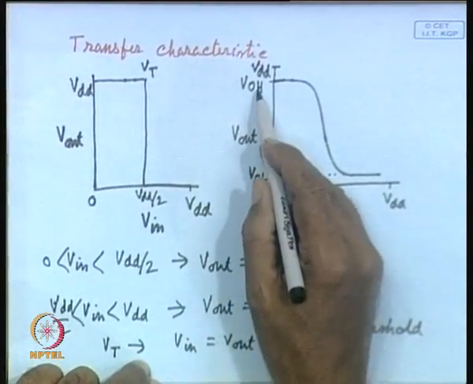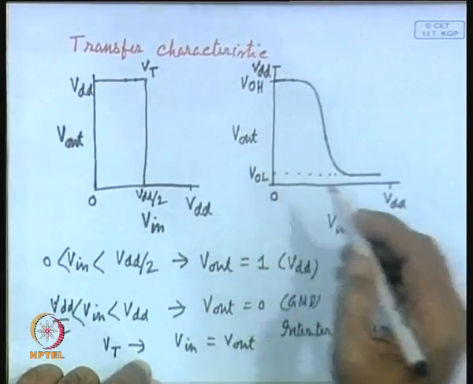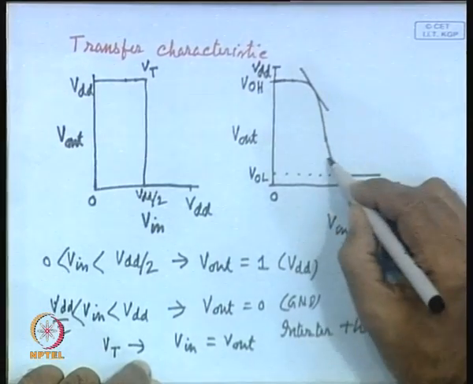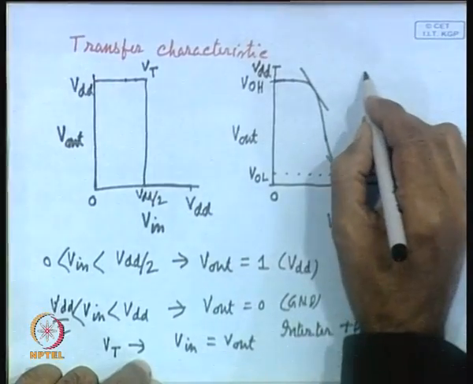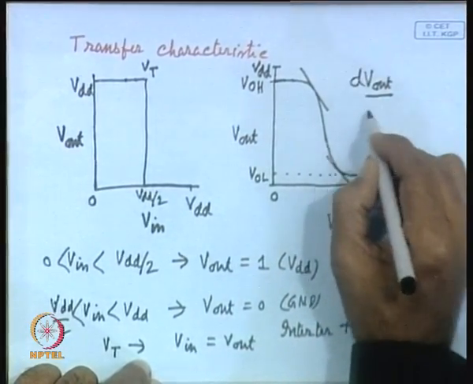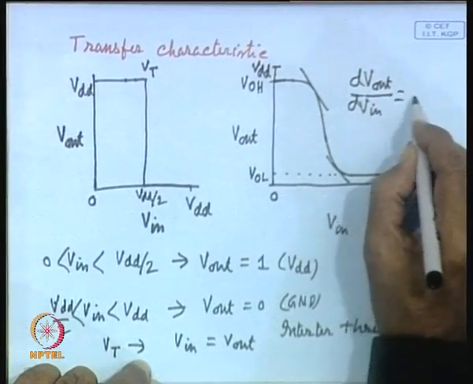Actually, this VOH and VOL is also defined in some other way. You can draw a curve, draw a tangent to this curve, where dV output by dV input is equal to -1.